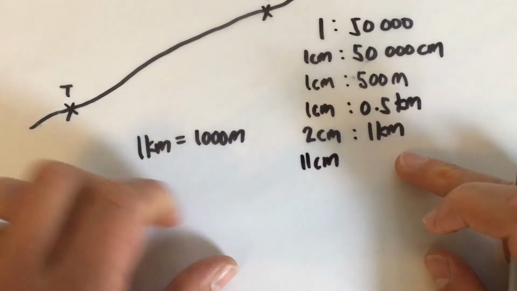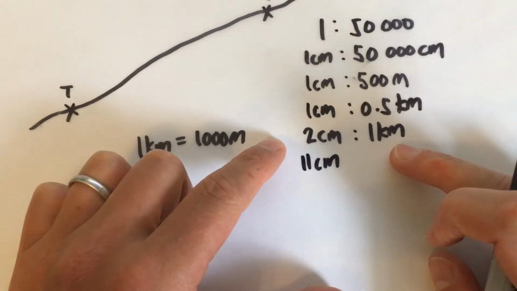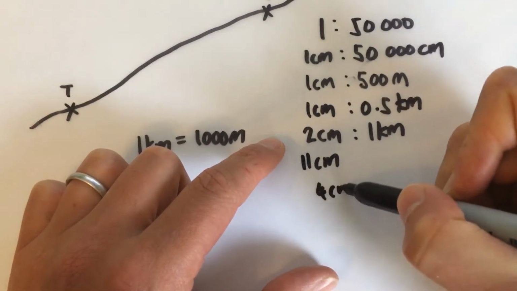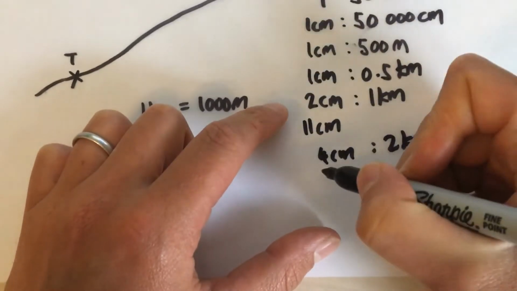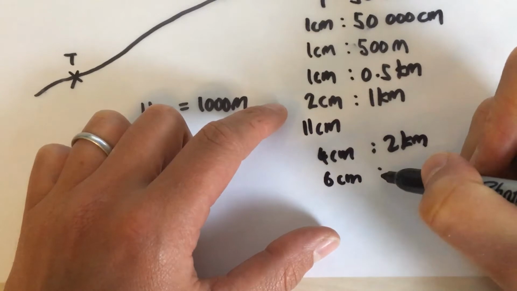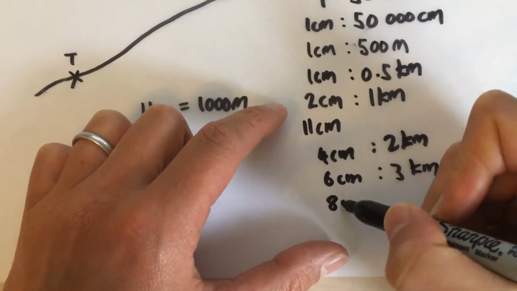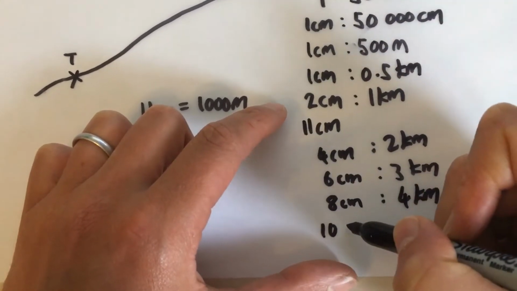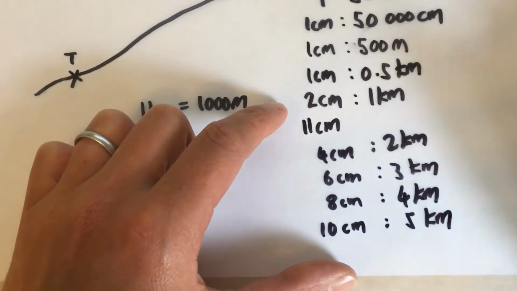So what's that in real life? Well, every 2 centimetres is 1 kilometre. So that means 4 centimetres is 2 kilometres. 6 centimetres is 3 kilometres. 8 centimetres is 4 kilometres. 10 centimetres is 5 kilometres.